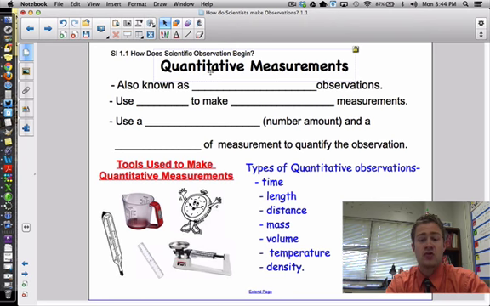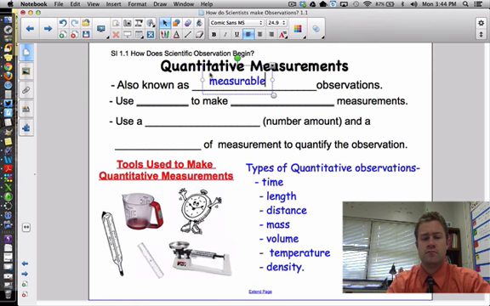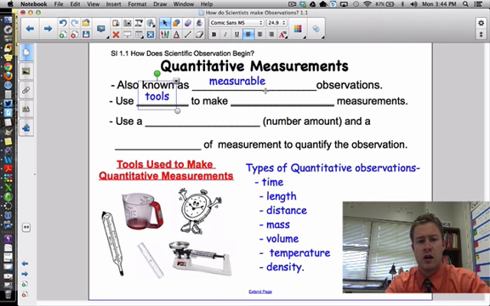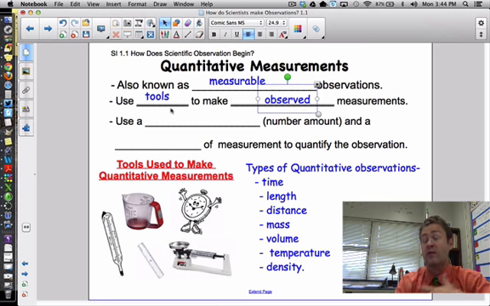Quantitative measurements are also known as measurable observations. Okay? We use tools to make these observed measurements.